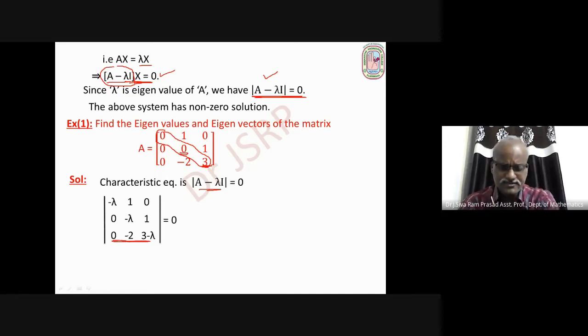How do you expand this determinant? First I expand this determinant with respect to the first column, since we have two zeros here.